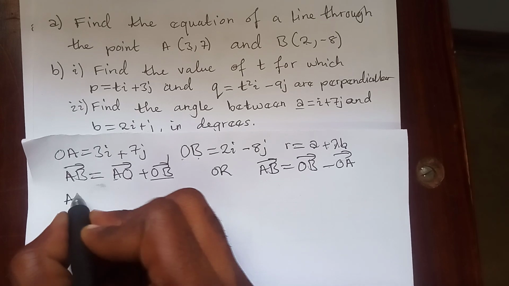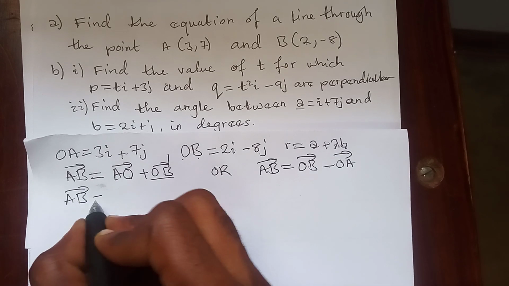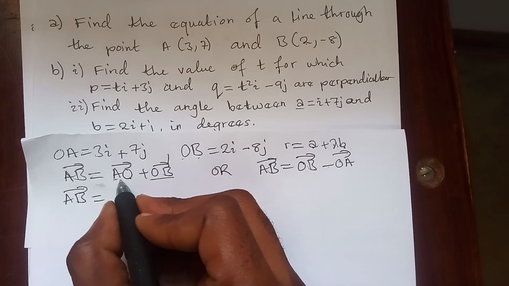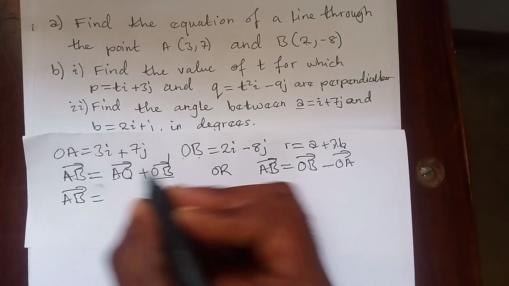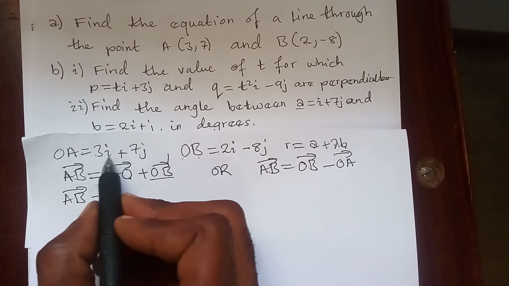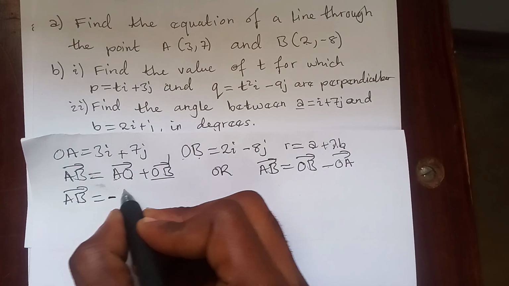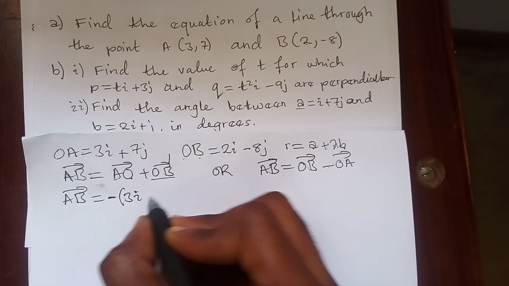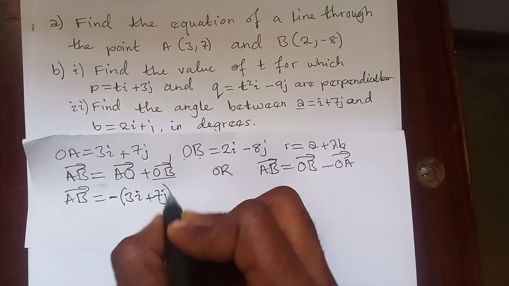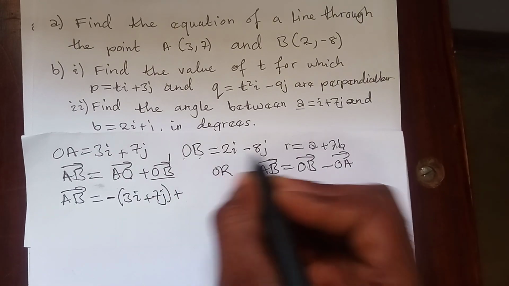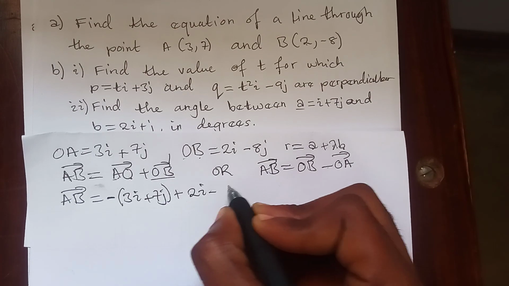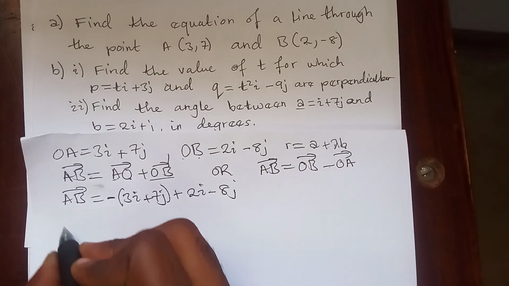So we can say the direction vector AB is given by AO. AO is just the opposite of this, so instead of getting this, we can just put a negative sign in front: minus 3i minus 7j, then plus OB, you can just get it as it is.